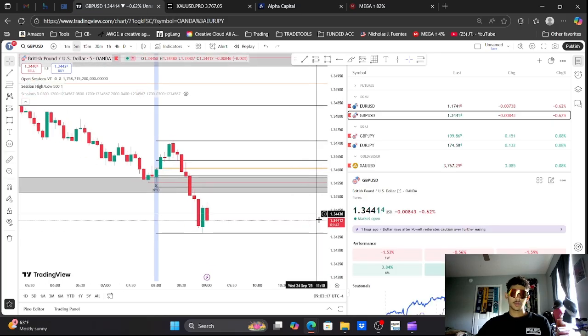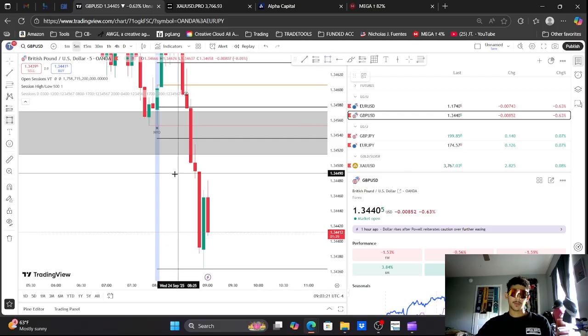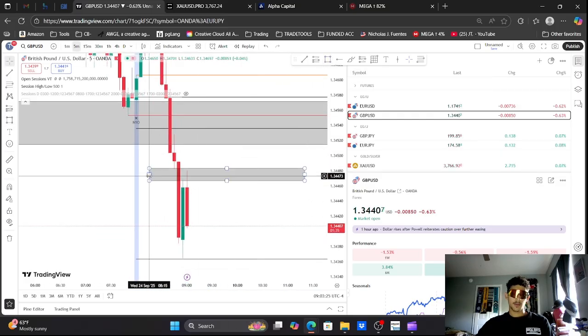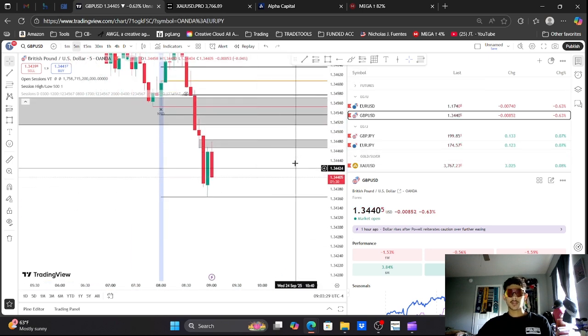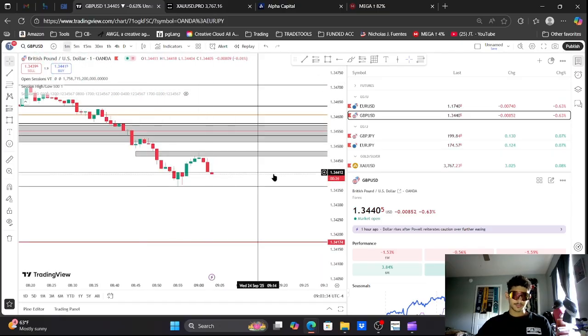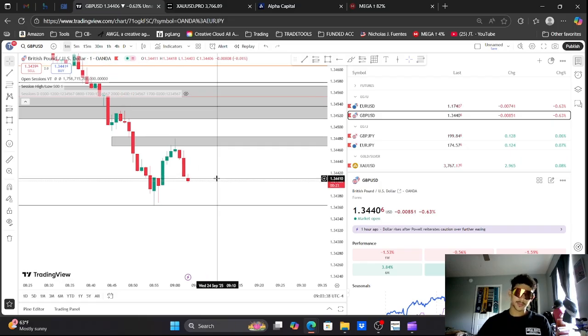On GU, we also have this 5-minute fair value gap. 5-minute imbalance. Price came up into there, reacted off of it. 1-minute break is below this line. We inverse this fair value gap. This 1-minute fair value gap.